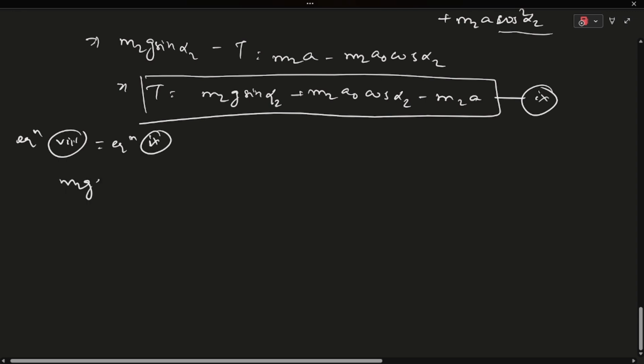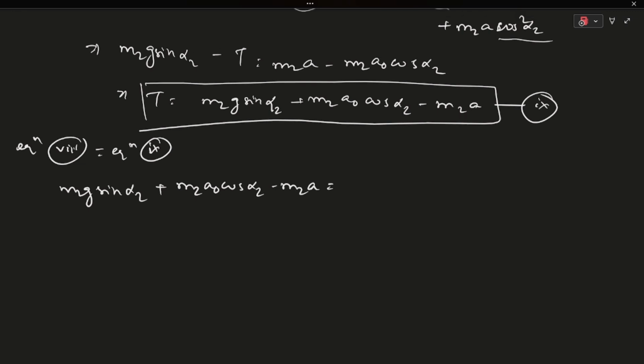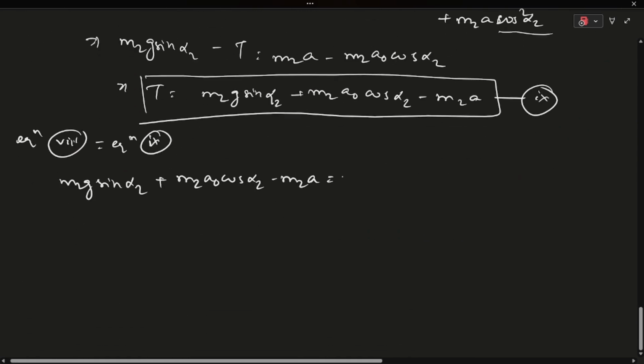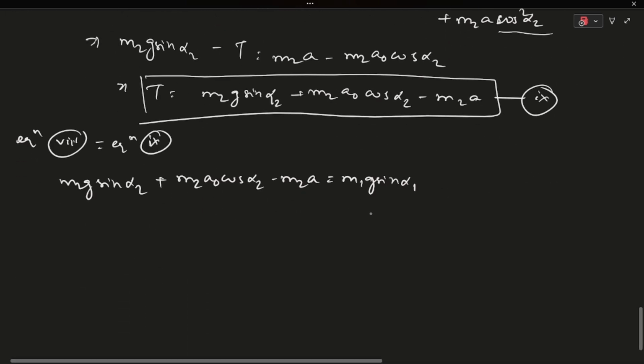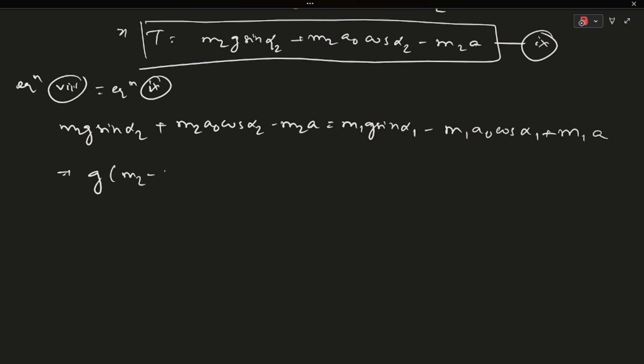Equation 9 is m2g sin alpha 2 plus m2a naught cos alpha 2 minus m2a equals m1g sin alpha 1 minus m1 a naught cos alpha 1 plus m1 a.